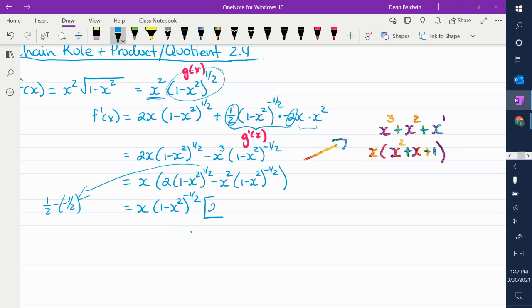So I'm left with 2, 1 minus x squared to the power of 1, sorry, minus x squared. What about this one? That's what I took out, right?